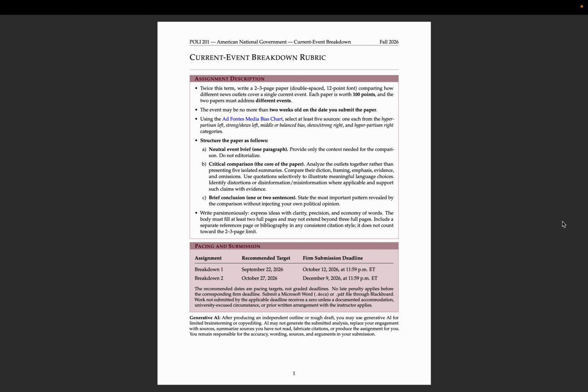So just download a .docx file to your computer locally and submit it that way, or download a .pdf file to your computer locally and submit it that way. It's very, very simple. Work not submitted by the applicable deadline receives a 0 unless documented accommodation, university excused circumstances, or prior written arrangement with the instructor applies.